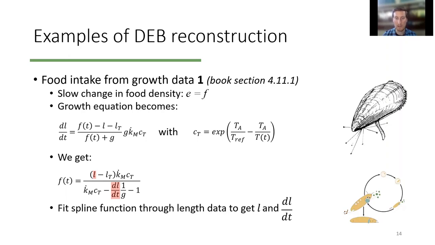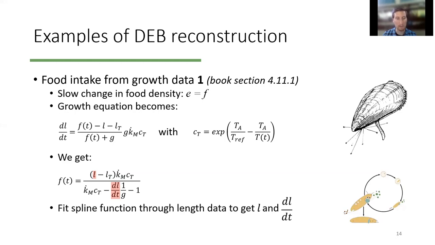And if that's the case, we can then assume that little e, which is the scaled reserve density, will converge to the value of F. So that's an assumption that is required in this problem, because we can then rewrite the growth equation and simplify it. And from that simplification, we can get an equation for the functional response.